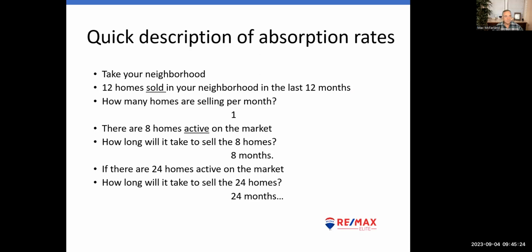And when you take a look at these, remember it could be 1 month, 3 months, 6 months, a year. It could be whatever that market is saying needs to happen. That's what we want to use when we do the absorption rate, right? And remember, when you're doing a CMA, location is number one.